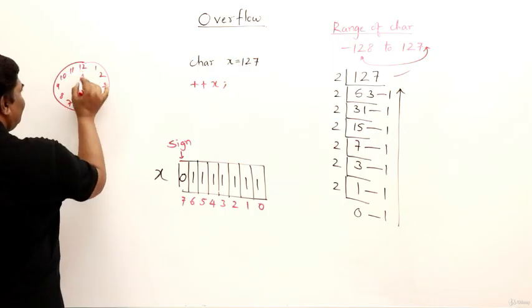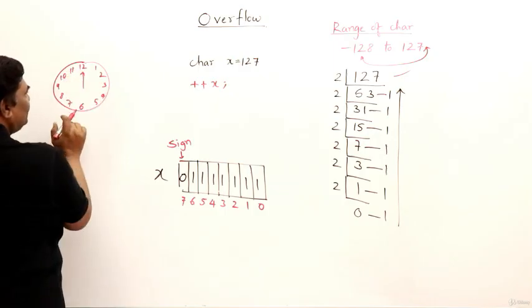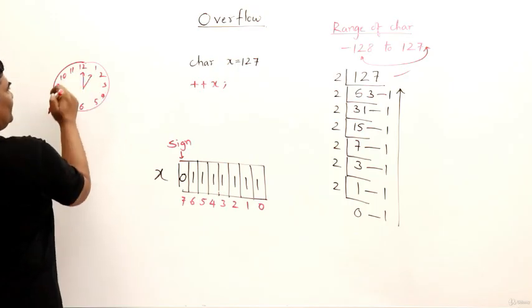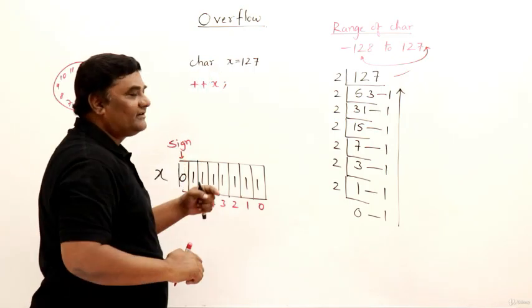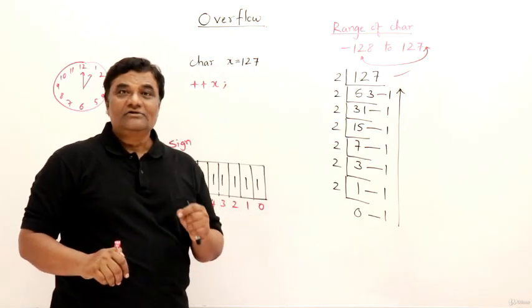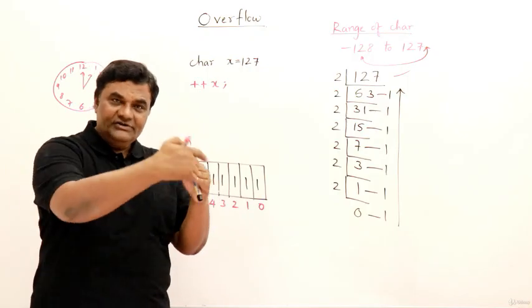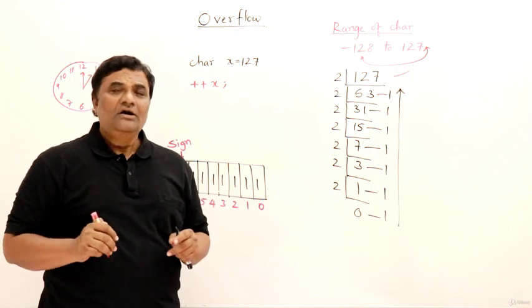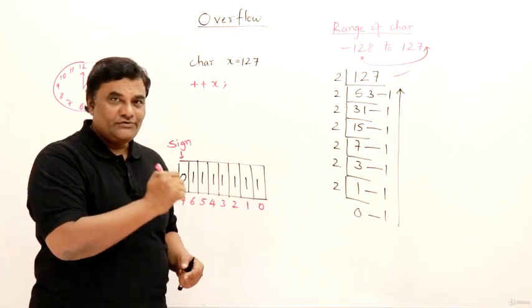Now if the hand is here and you move next, it will not go to 13, it will go to 1. And if the hand is here and you move this side, it will not go to 0, which is less than 1, but it will come to 12. So it is cyclic behavior. This is called overflow. When the value is more than the capacity, it will take the values again from the beginning. That is overflow. Why it happens, how magically it takes the values, that I will show you here.